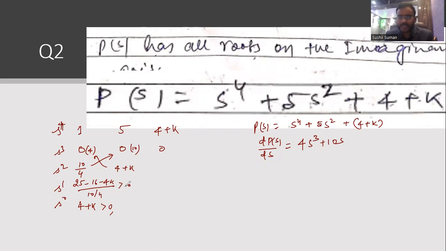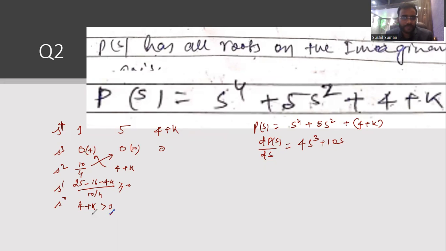This is greater than or equal to 0, because this forms the auxiliary equations, and this also forms the auxiliary equations, having two repeating roots in s to the power 4 and s to the power 2. So there are repeating roots in s squared and in s to the power 4.